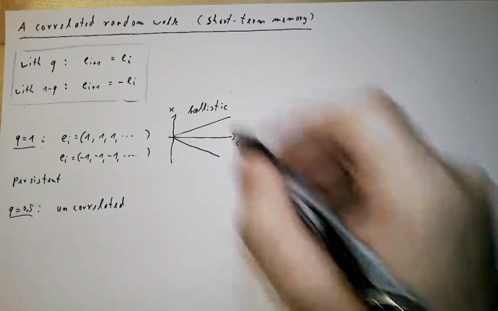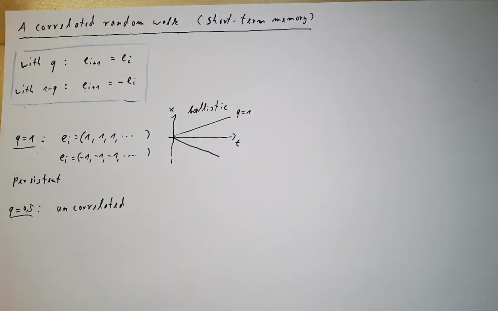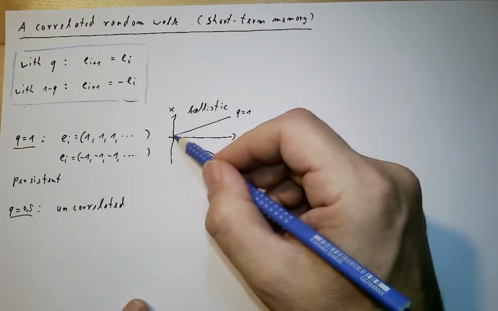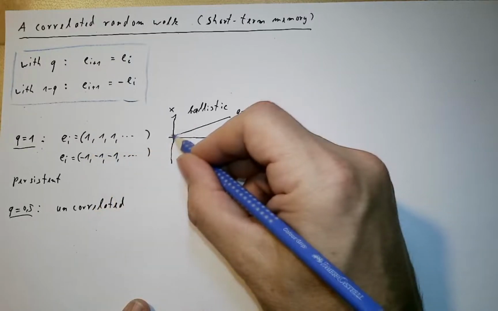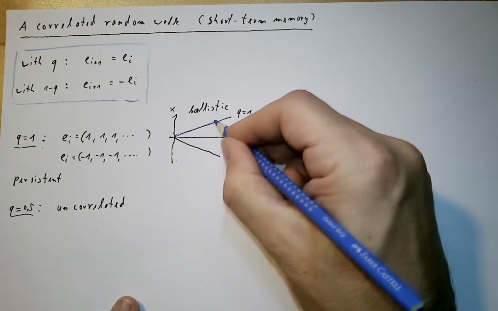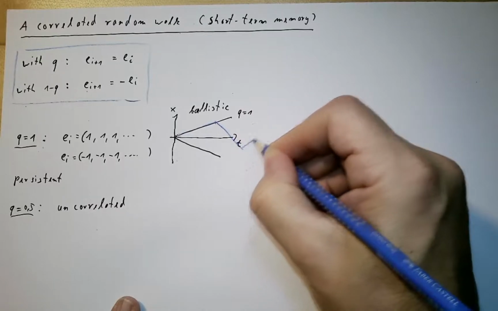Now that would be q equal 1. And if q equals, for example, 0.99, then we have something like this. On average, the behavior doesn't depend anymore on the starting value. So maybe we start with plus 1, we go a long time up. Then maybe we have a jump here, then we go a long time down. We have another jump, we go up again.